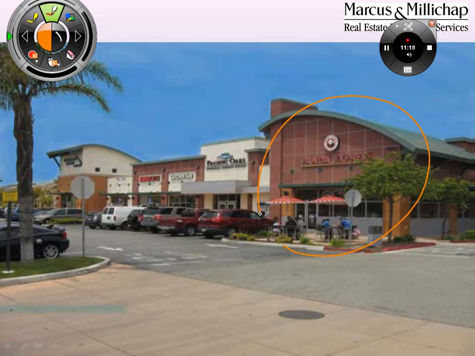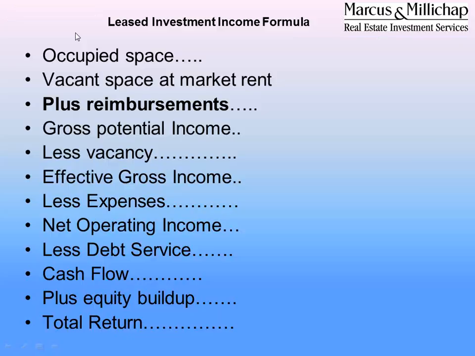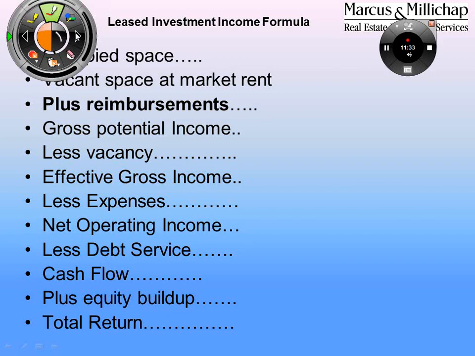That's the big difference. This is often called reimbursements, and what the tenants are reimbursing the landlord for is their expenses. So let's take a look at how the income formula lays out in relation to that in a leased investment, which could be a shopping center, an office building, an industrial building, or a single-tenant retail property.